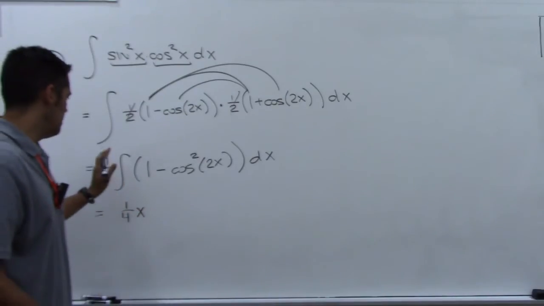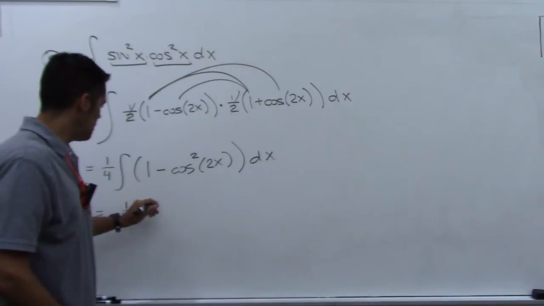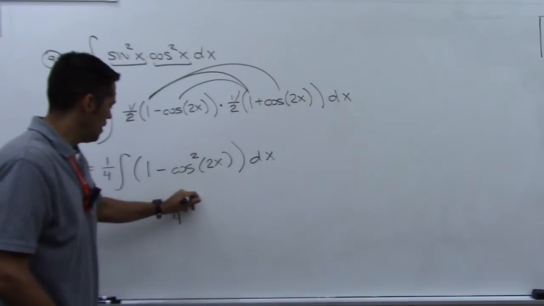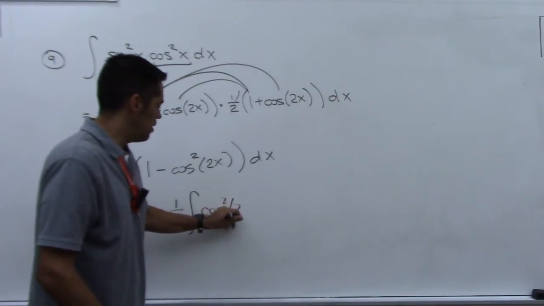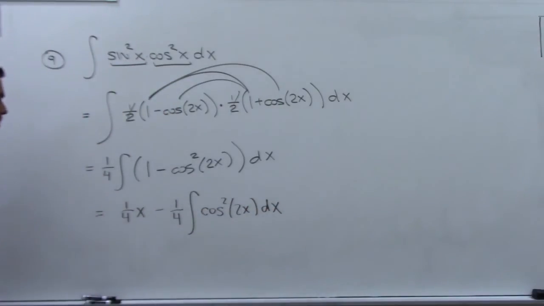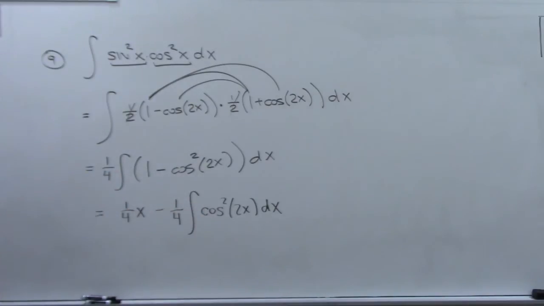And then, because I'm splitting this into two integrals, this 1/4 is going to come with us, and I'm going to put a minus here. So minus 1/4 integral, because I haven't taken the antiderivative, of cosine squared 2x dx. All right. So this one I took the antiderivative of, this one I have not. But then 1/4 had to come with me.